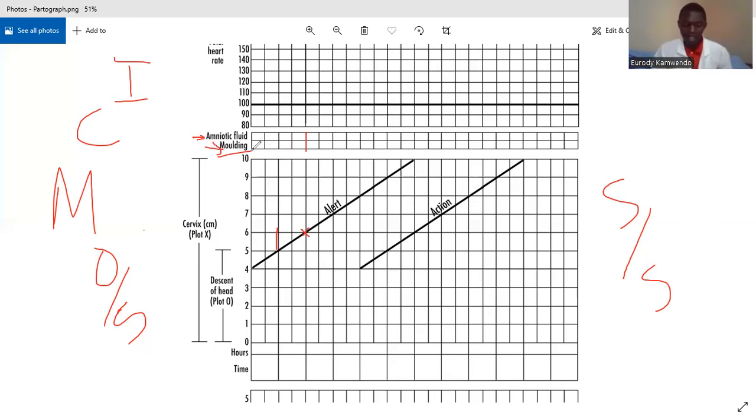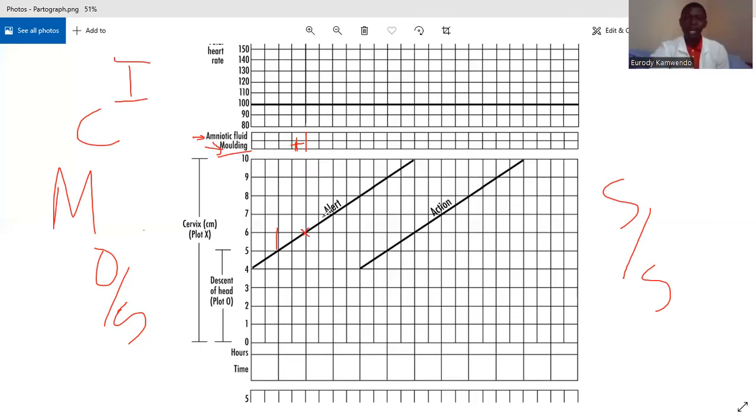In this particular case, when you check for moulding, you find that the sutures are meeting but not overlapping each other, meaning the bones are just like that, but they are not resting on each other. You are going to indicate with a single plus like that. So 1 plus shows that the sutures are opposing each other, but they are not overlapping each other.